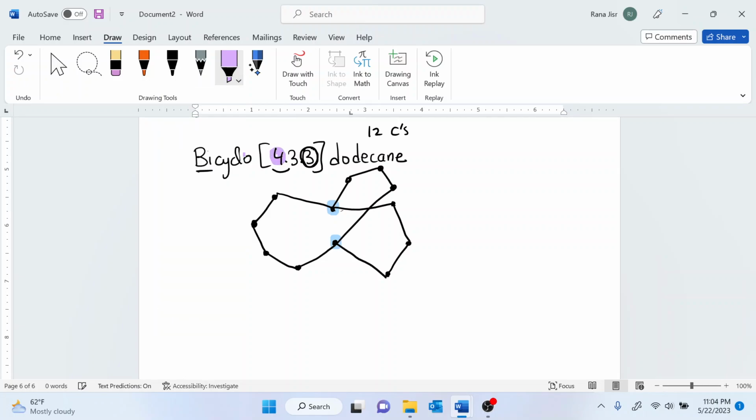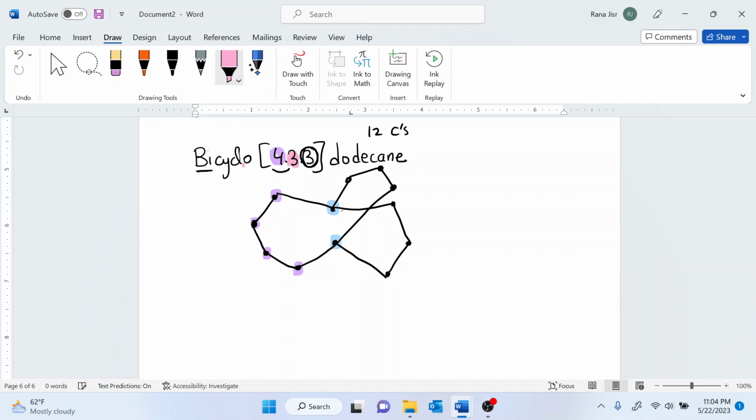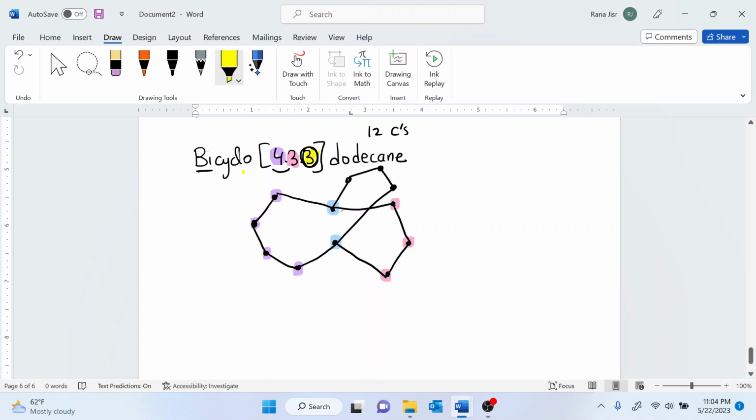I started with the more carbon side. So these are my 4 carbons in there. And then I did my 3 carbons on the other side. And then I did the bridge in there, which is the 3 carbons. Connect everything together. And then this is going to be your bicyclic system.